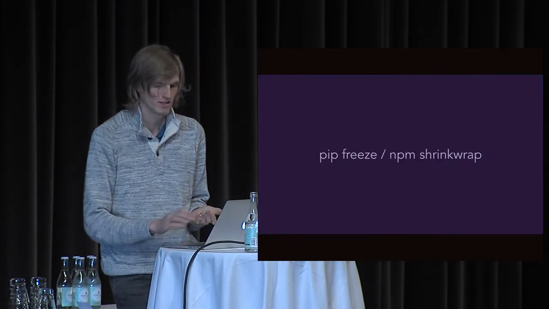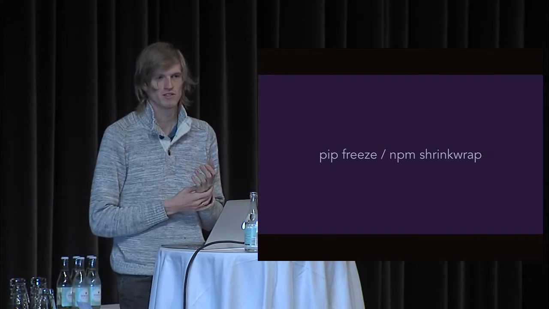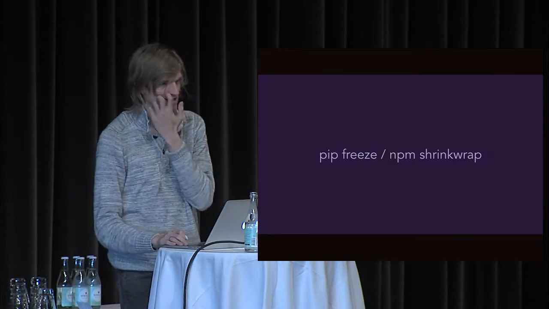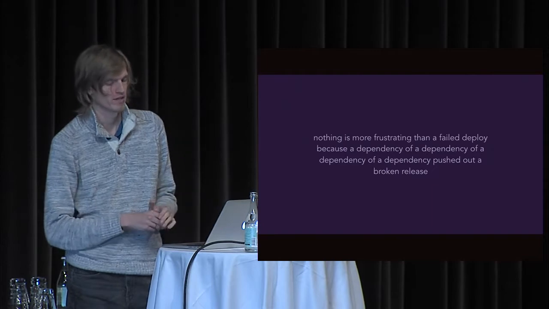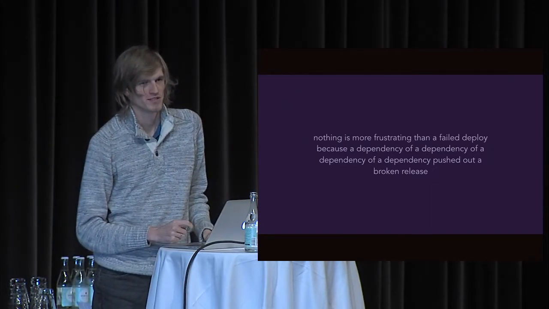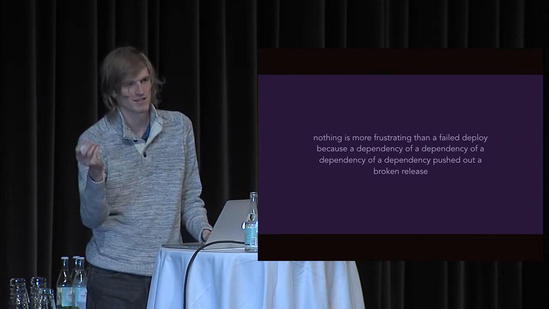Reproducible builds are huge. I can't tell you how many times our deployment broke from one moment to the other without anyone doing a change, just because a dependency of a dependency of a dependency decided to update. So we freeze and shrink wrap everything. I ranted on Twitter a couple of months ago about the absurdity of the Node ecosystem with having one-liner dependencies.